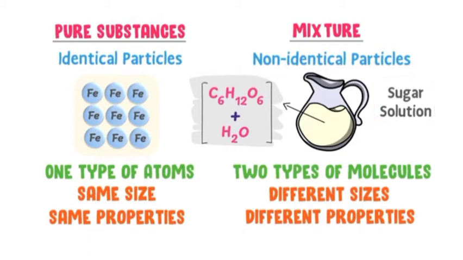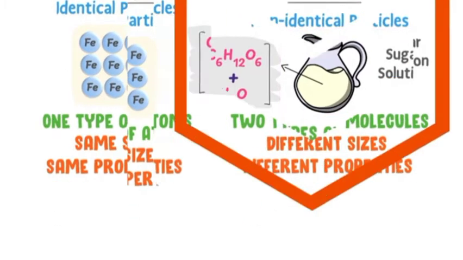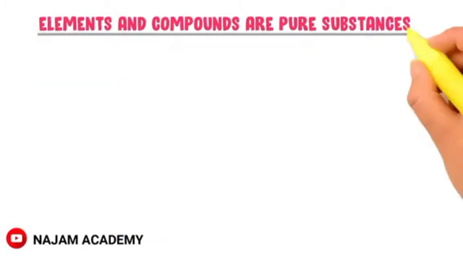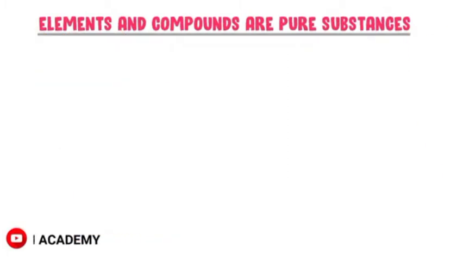Therefore, remember that a pure substance is made up of the same particles like this iron sheet, while a mixture is made up of different particles like a sugar solution. Let me also teach you why all elements and compounds are called pure substances.